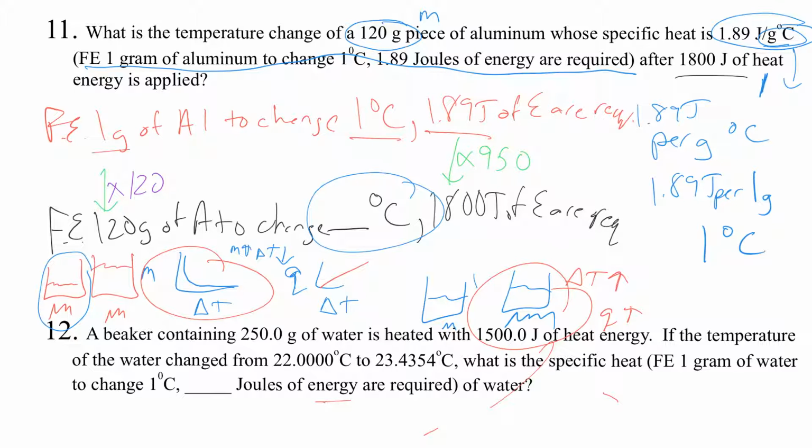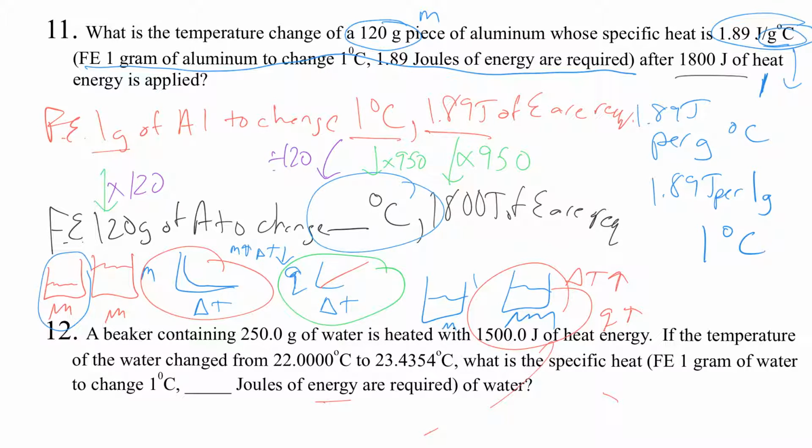So what that means is that mass, we just said, was inversely related. So this is going to be divided by 120. And conversely, this one, Q and delta T, those are direct. So this is times 950. So we got 1 times 950 divided by 120.